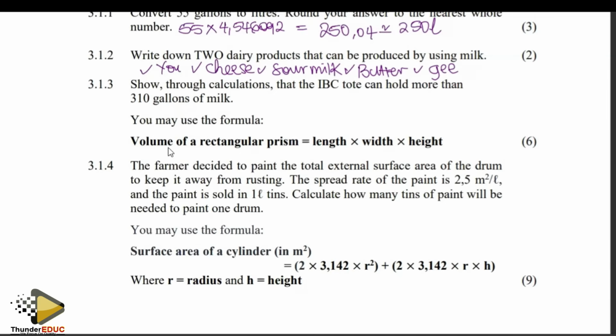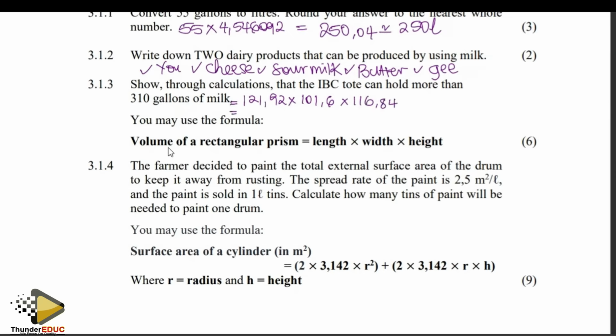Why? Because it would be easy for us to change to liters. So we changed the inches. The length was 121.92 times 101.6 times 116.84.